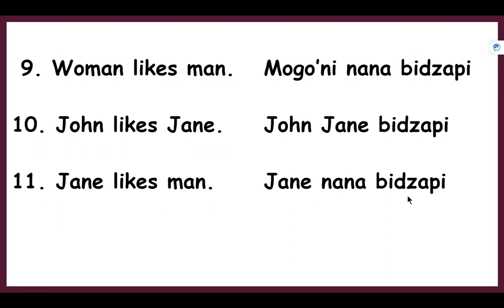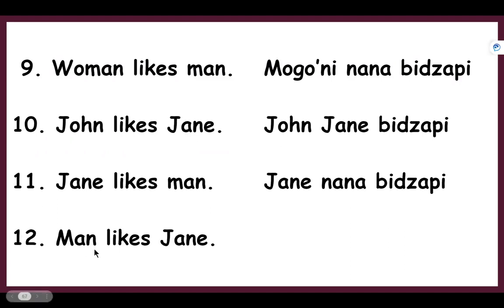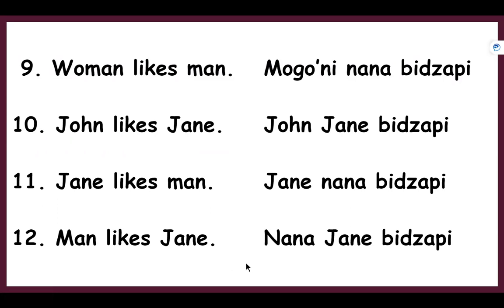Jane nana bidzapi. Man likes Jane. Nana Jane bidzapi. So on these ones, we're talking about to like, bidzapi. So whoever goes first is the one that likes. The one that goes second is the one that is liked.